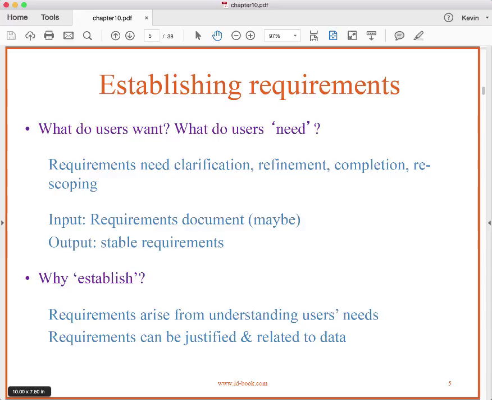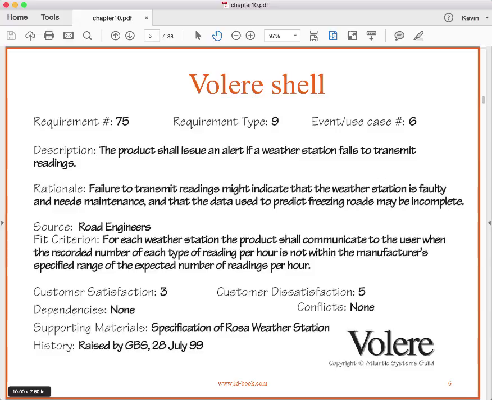And then we would like to have some kind of understanding of the needs that we're able to justify and relate to data. And again, how did we get the data? Well, we might have gotten it through interviews or questionnaires or observation, all those things we talked about.